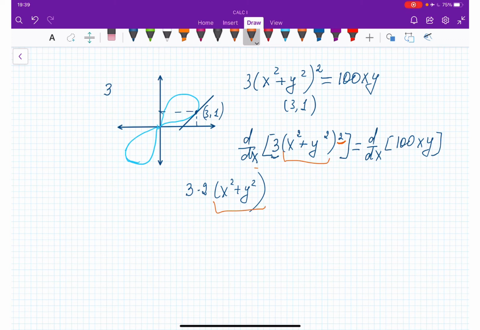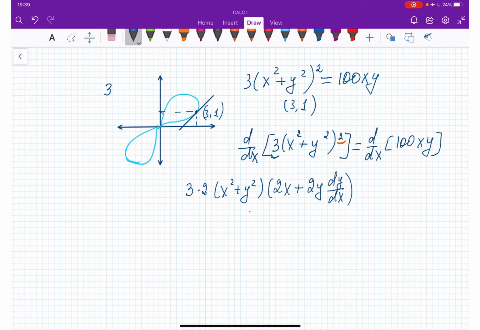Now I have to get inside and take the derivative of x squared and then y squared. So the derivative of x squared is going to be 2x, and then plus the derivative of y squared, using chain rule, it's going to be 2y times dy by dx.